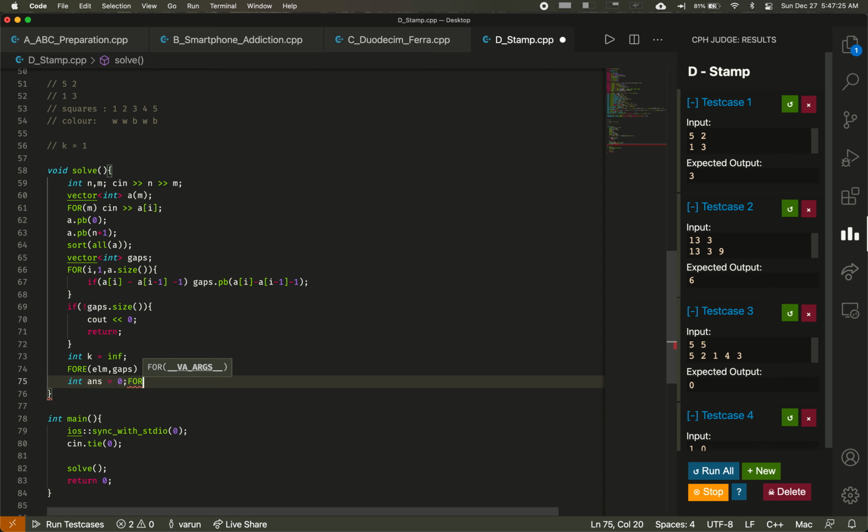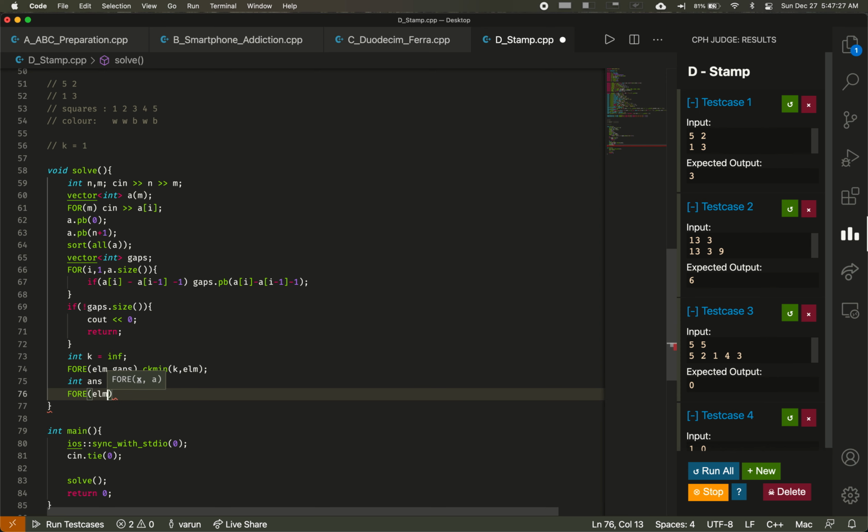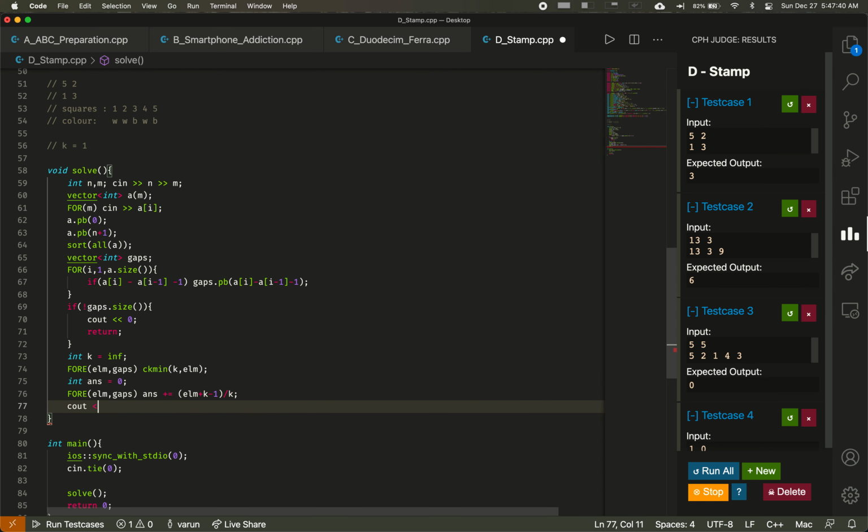So for each element in gaps, answer plus equals the upper bound, so it'll be element plus k minus 1 over k. Then we print our answer. So the key thing here is we want the upper bound if we're given k.